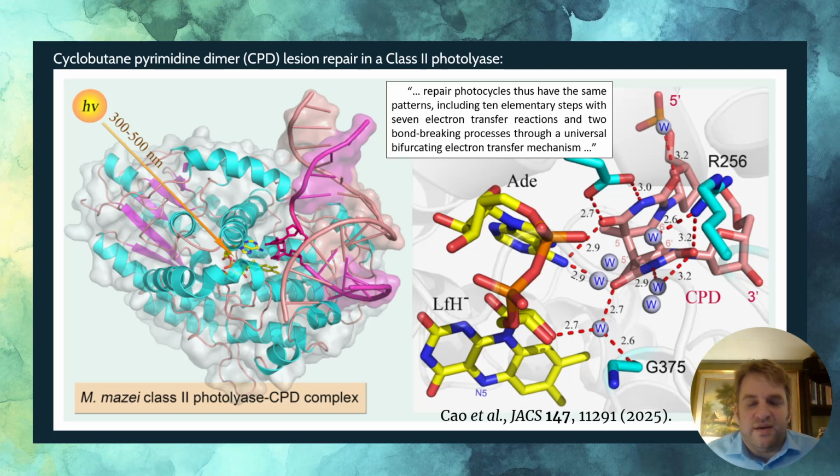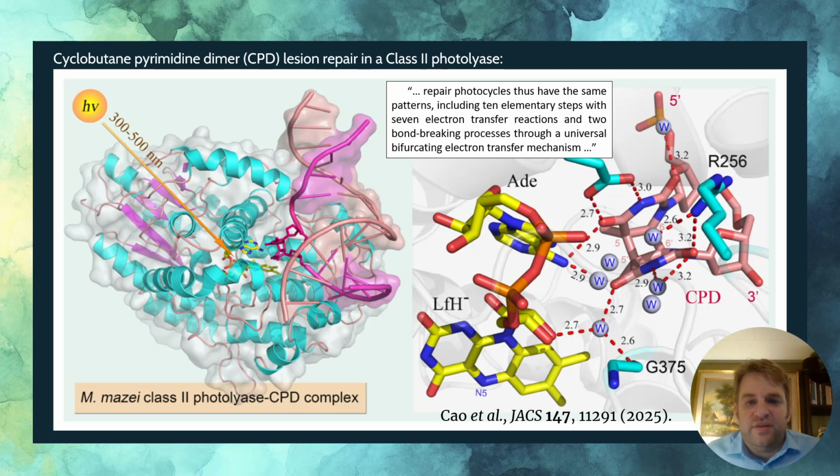The figures that I've shown you already don't yet do full justice to the 10 elementary steps, and in fact 7 electron transfer reactions that need to be controlled in order to carry out the 2 crucial bond breaking processes through what is now becoming understood as a universal bifurcating electron transfer mechanism.